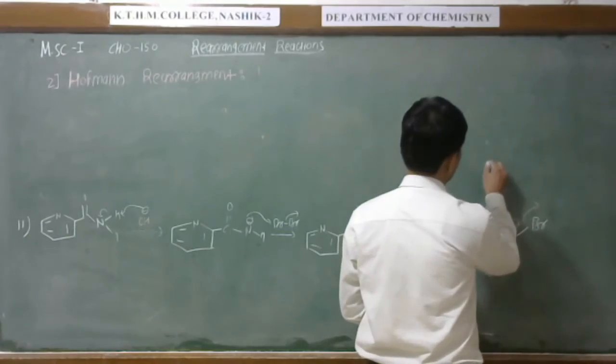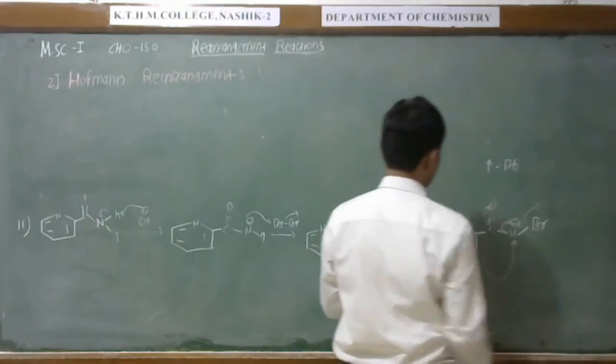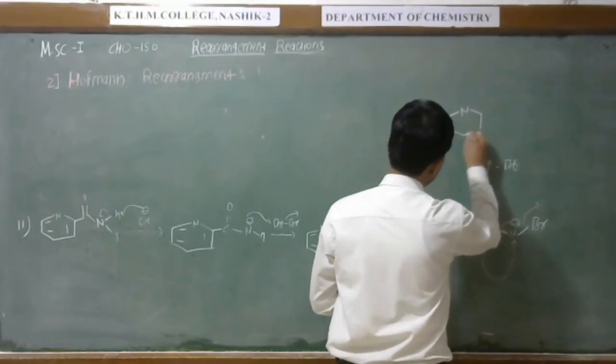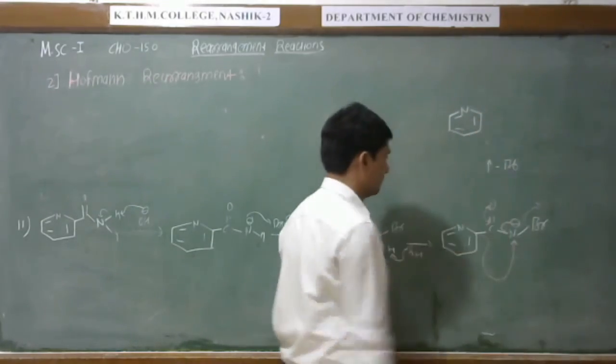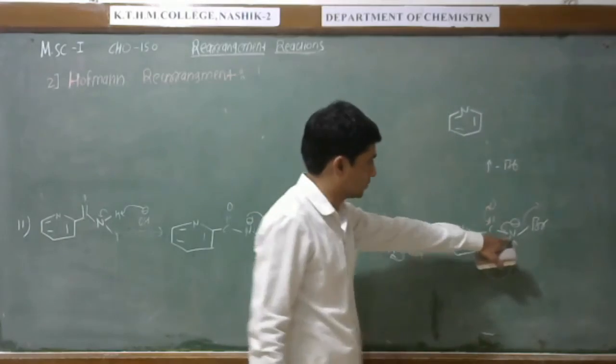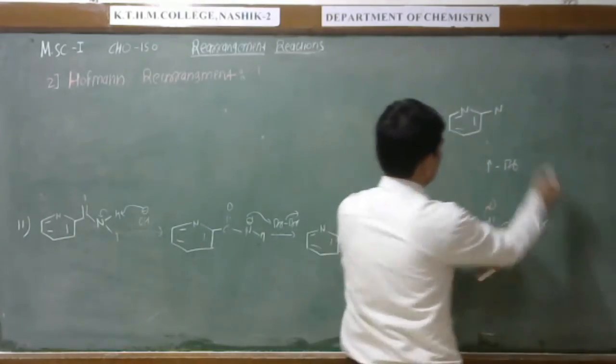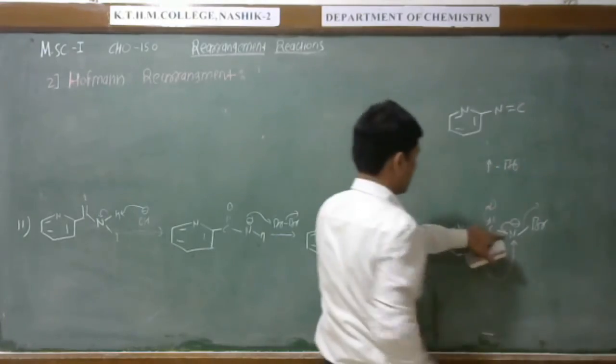and here we can write from this pyridine ring, the pyridine ring now attached to the nitrogen. This is the nitrogen. This nitrogen is now attached to carbon by a double bond.